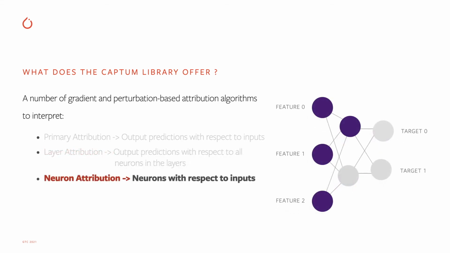Lastly, the third category of the attribution algorithms, also known as neuron attribution, allows us to attribute an internal neuron to the inputs of the model. These are very similar to feature importance algorithms, with the only difference that instead of attributing the output, we attribute an internal neuron to the inputs.